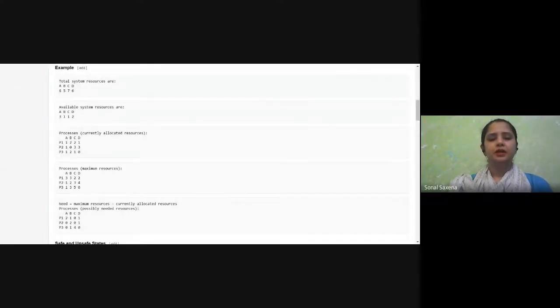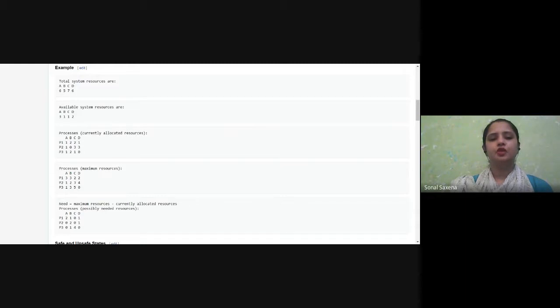See, the first thing that you are seeing is total system resources. Here you can see A, B, C, D. So what we are assuming is we have a total of 4 different resources. There is A resource, which in total is 6 in count with the system.